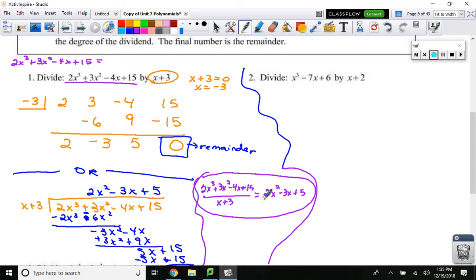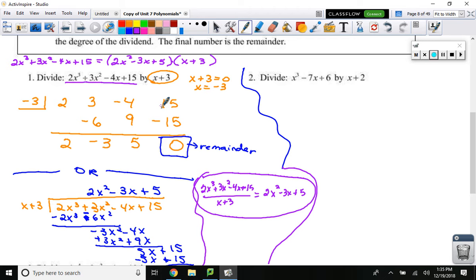So this is the same thing as what times what? 2x squared minus 3x plus 5, in parentheses, times x plus 3, in parentheses. Everyone with her on that? Plus 0, which is your remainder, doesn't matter, right?